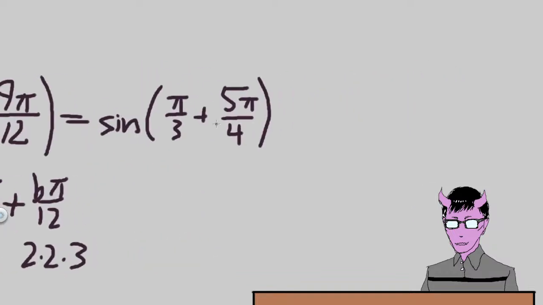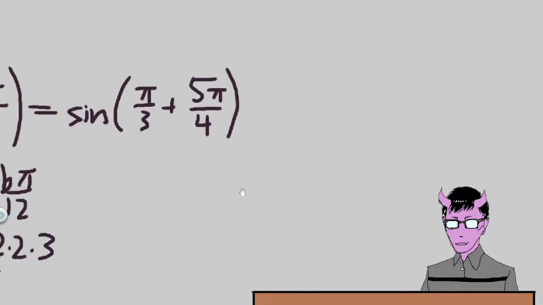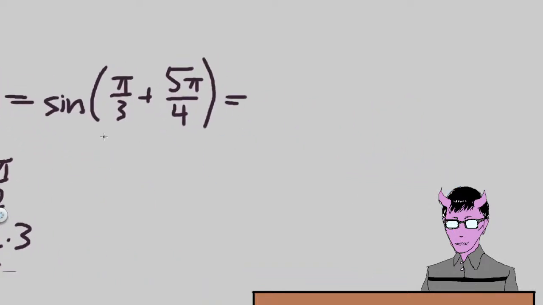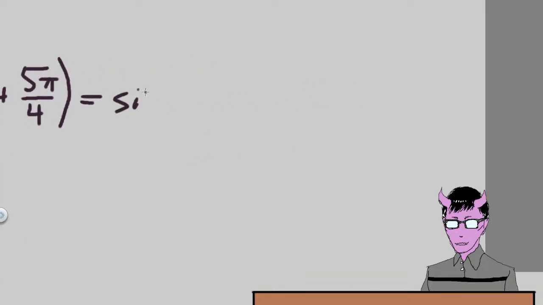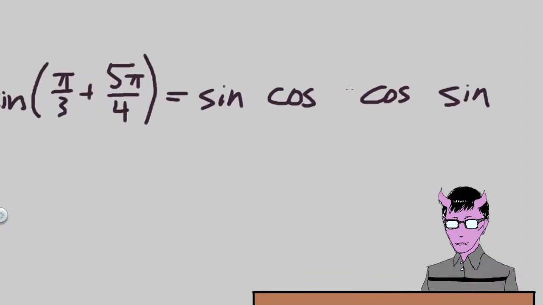Okay, just to make sure this is correct, this is cross multiplication. 15 plus 4 takes us back to the 19, yes. So let's use our expansion property. This is going to be sine, cosine, cosine, sine. Keep the same sign, so plus, plus.